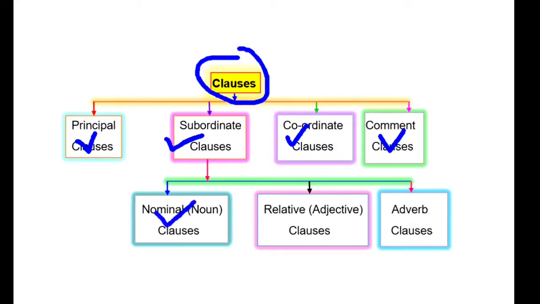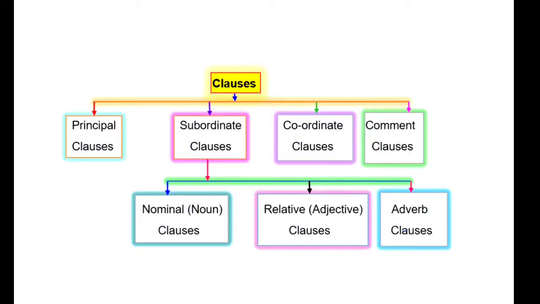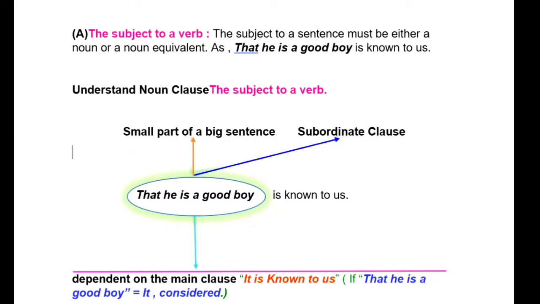Comment clauses, what are they? Later, not in this video, okay? And subordinate clauses have 3 categories: subordinate noun clause or nominal clause, subordinate adjective clause or relative clause, and subordinate adverbial clause.